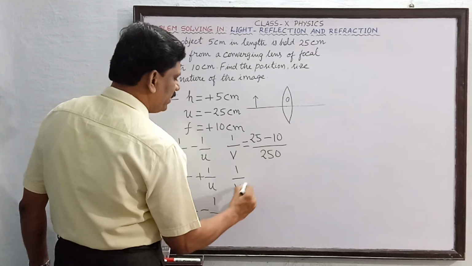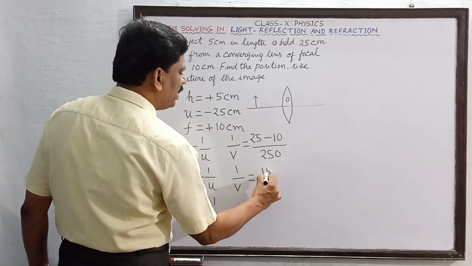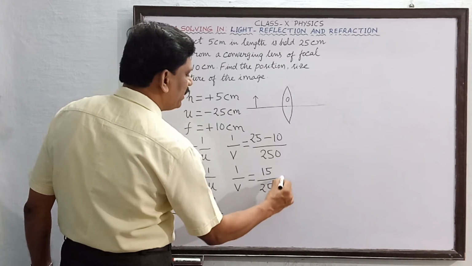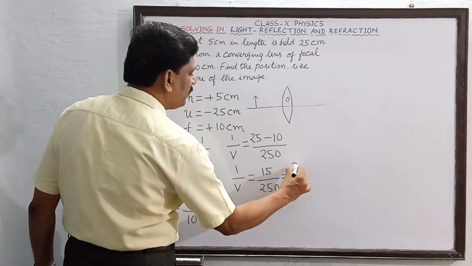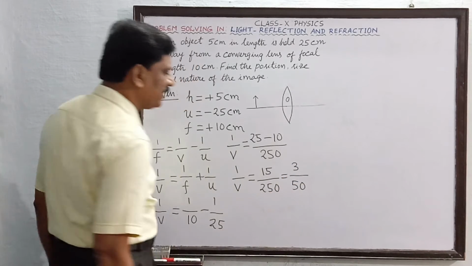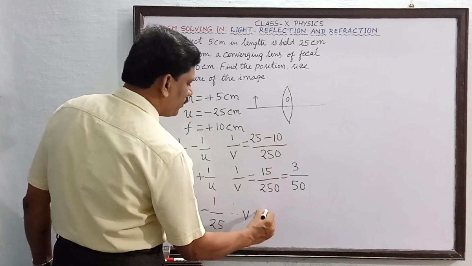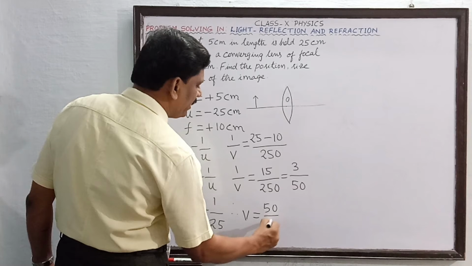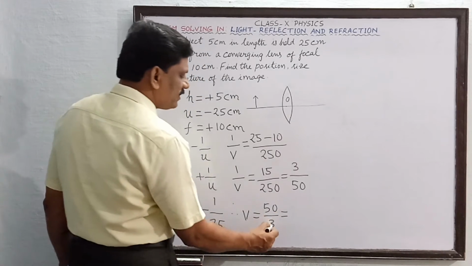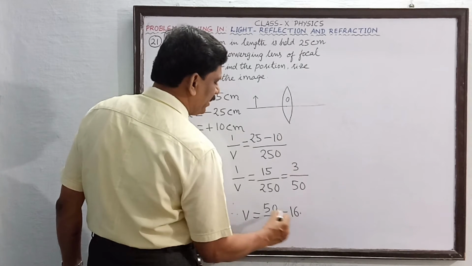So 1 by v is now equal to 25 minus 10 is how much? 15. 15 divided by 250. So this is equal to, 5 3s are 15, 5 5s are 25, so it is 3 by 50. Therefore v is now equal to 50 by 3. 16 3s are 48, point remaining 2.